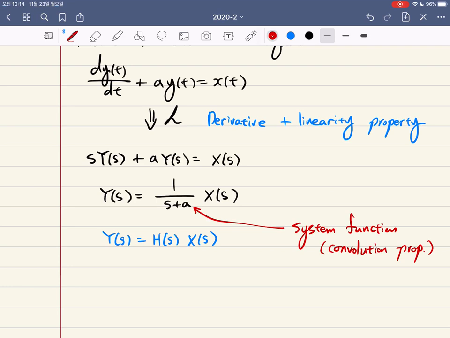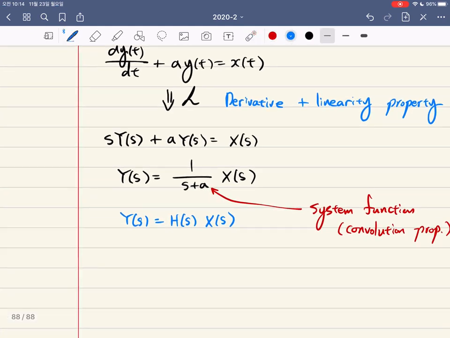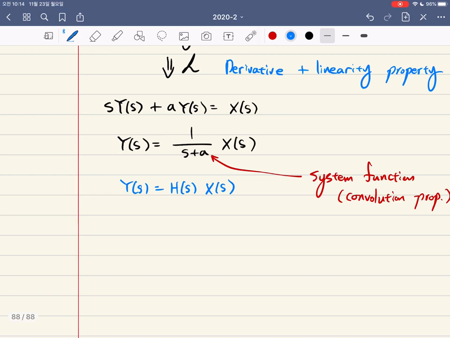So this simple first order system has one pole, right? We can describe that this system has no zero and only one pole, at s being minus a.